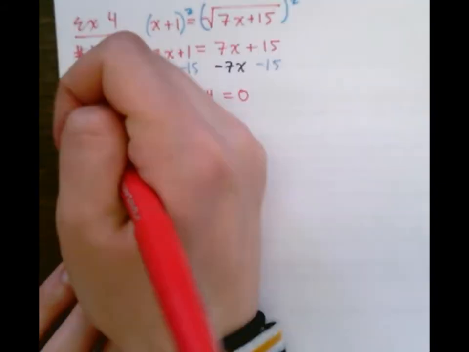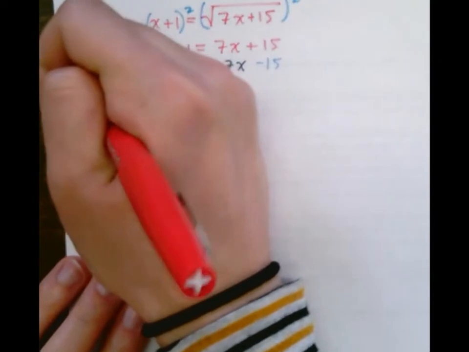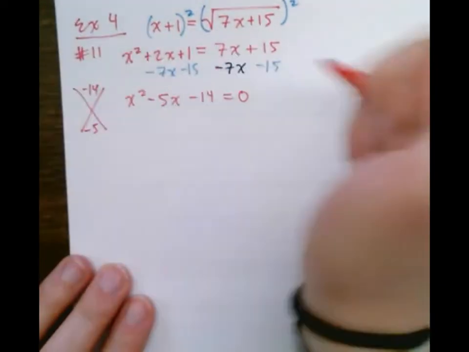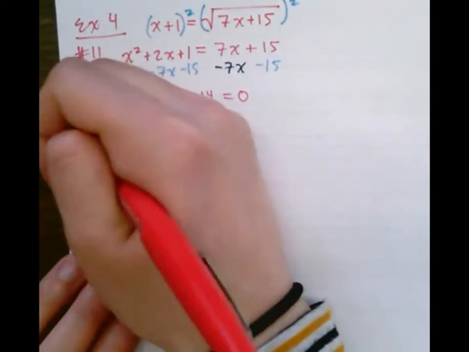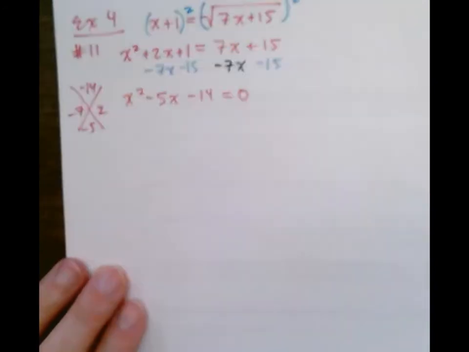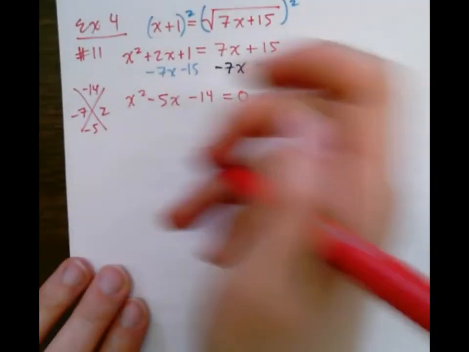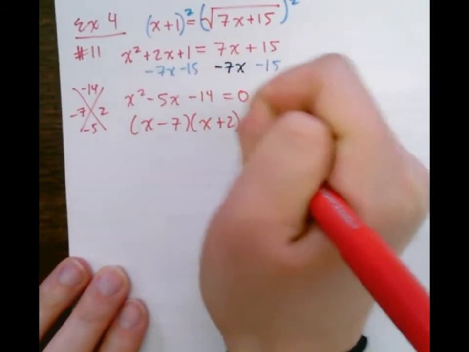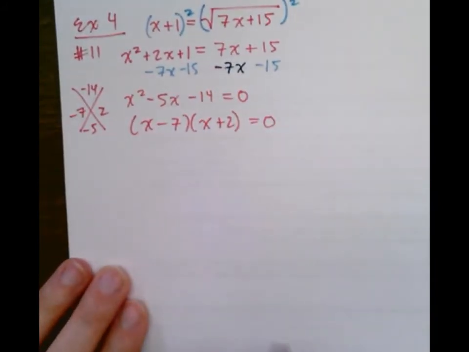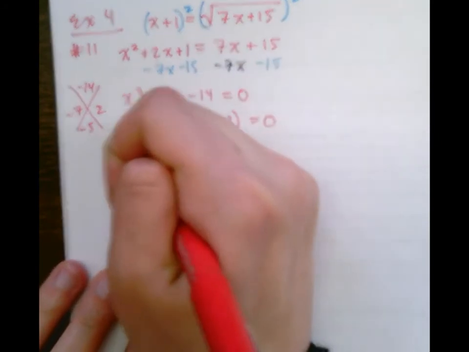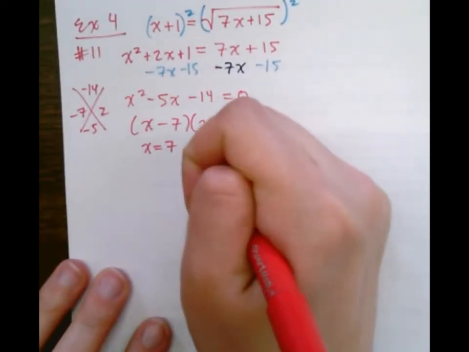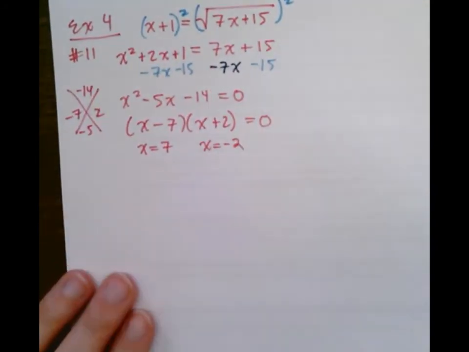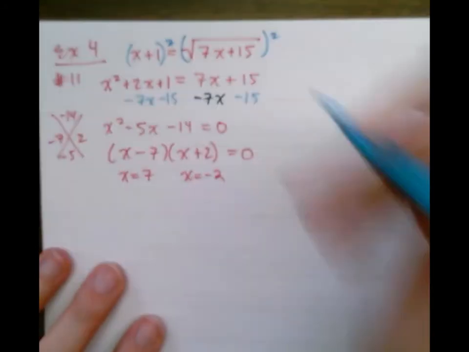Now, to factor that, I need something that multiplies to negative 14, adds to negative 5, and that would be negative 7, positive 2. Setting each factor equal to 0, we get either x equals 7 or x equals negative 2. And now I do want to check my work.